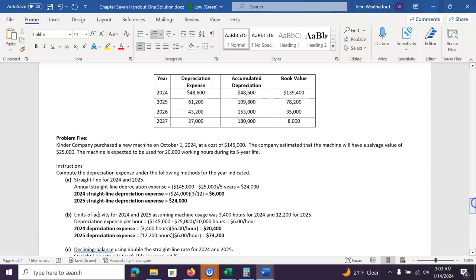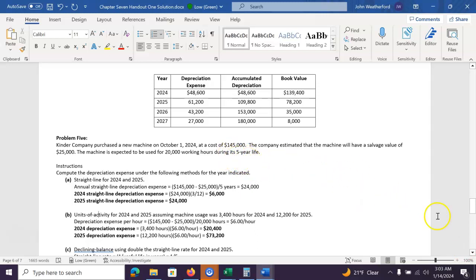Okay, now our declining balance method, the first thing we want to do here is calculate the straight line rate. Then whatever that straight line rate is, we're going to double it. All right, the straight line rate is always 1 over the useful life in years.